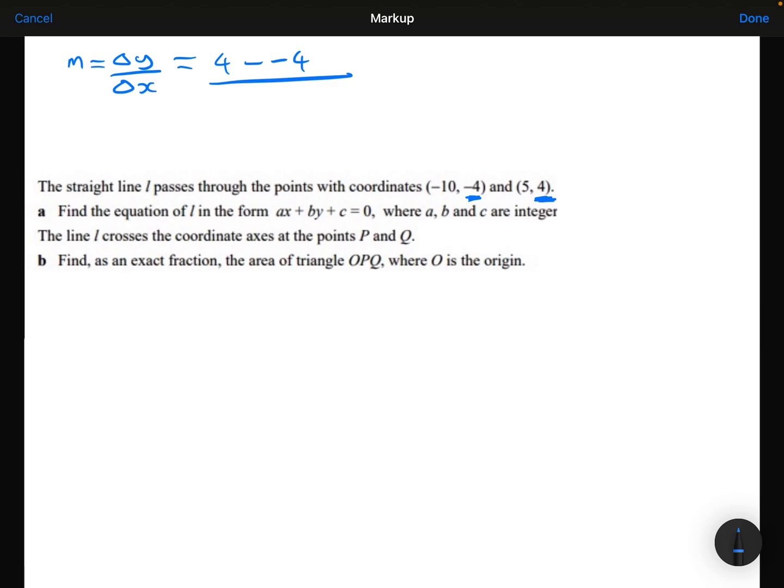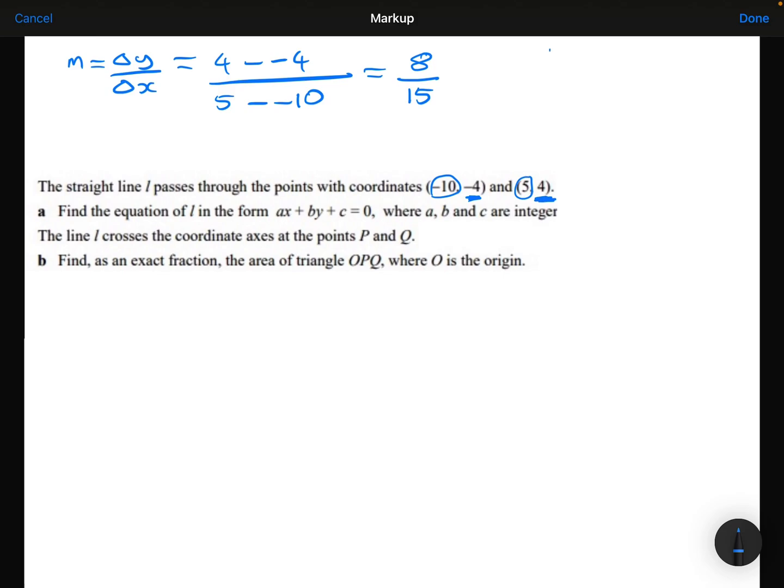The change in the x coordinates, we've got 5 minus -10. So 4 minus -4, so 4 plus 4 is 8. 5 minus -10, so 5 plus 10 is 15. So that's the gradient of line L.